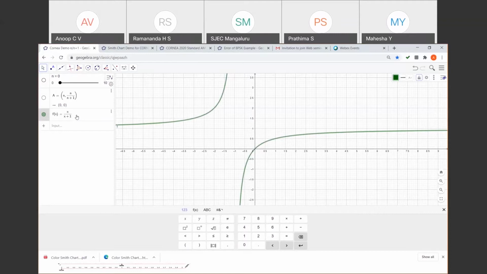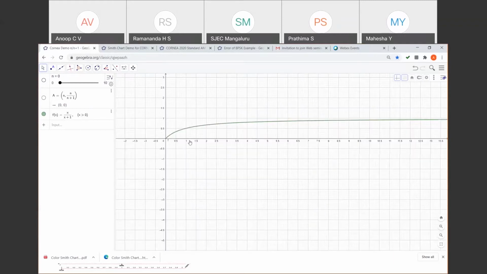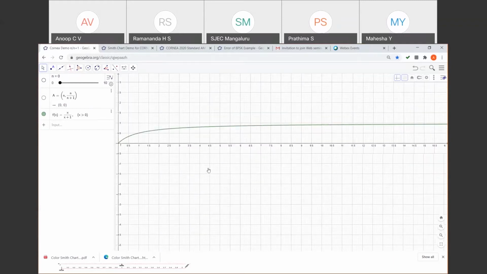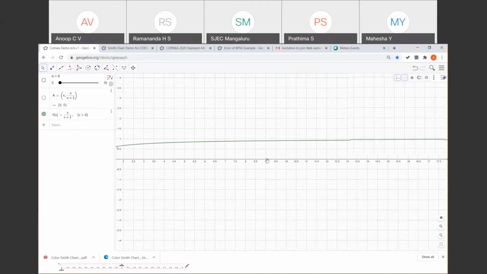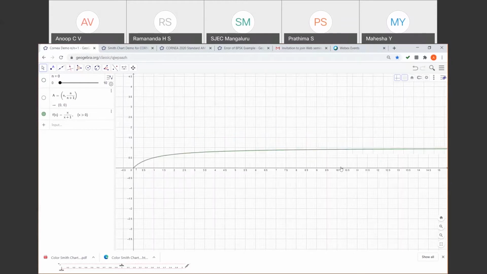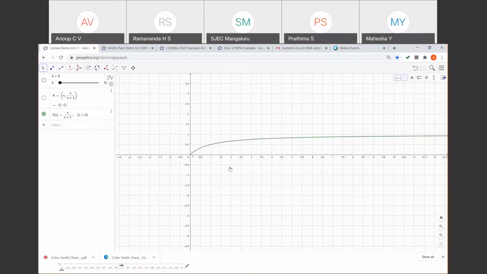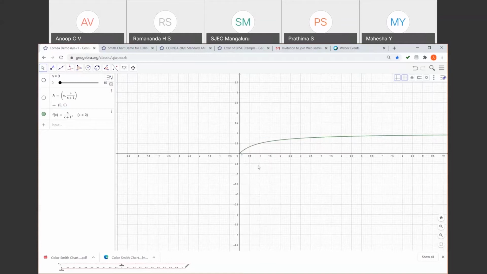To limit the graph, you can put a comma and write x greater than 0. Now it will show only for x greater than 0. As you can see here, as x increases, the function x by 1 plus x approaches 1. So we can help students visualize such aspects using this.